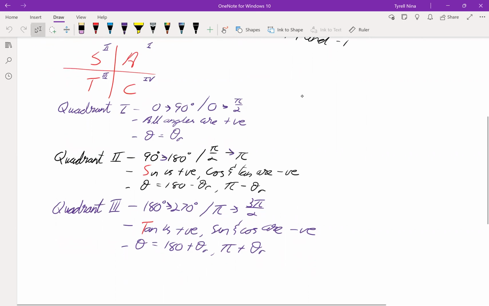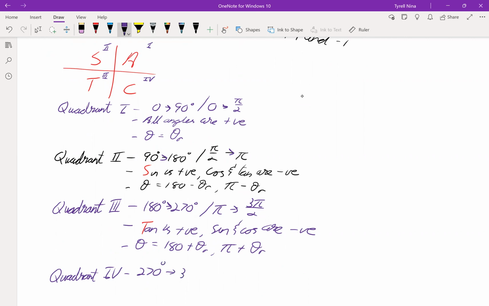And finally, we have quadrant 4, which is 270 to 360, or 3 pi over 2 to 2 pi.